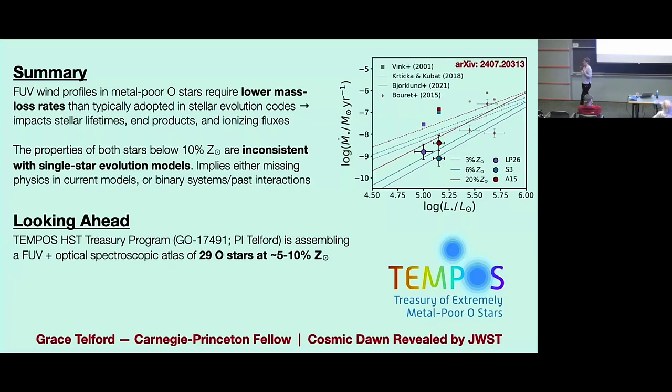It is getting new COS and DEIMOS spectra of these 29 stars, and together we will be able to scale up this analysis to stars spread across different environments in galaxies between 5 and 10% solar metallicity. And this is really designed to be the best possible sampling of O-star parameter space that we can do given current technological capabilities and our current census of confirmed O-stars in these nearby dwarf galaxies.